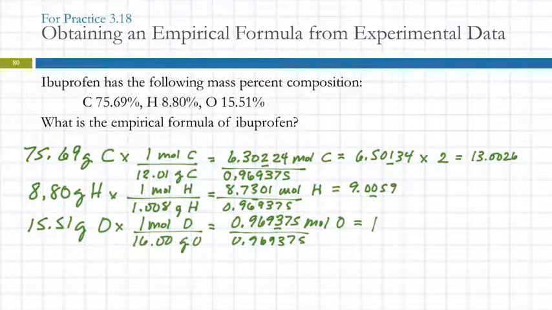Okay, that's close enough. I can round, right? So that tells me that my multiplication has been successful. So I'm going to call that 13. Now, to keep the ratio the same, I have to multiply everything by 2, right? So I'm going to multiply this one by 2, and I'm going to multiply this one by 2.